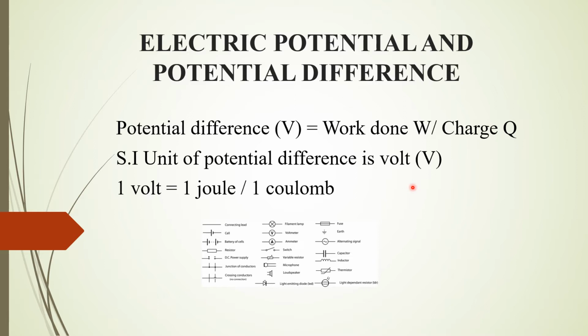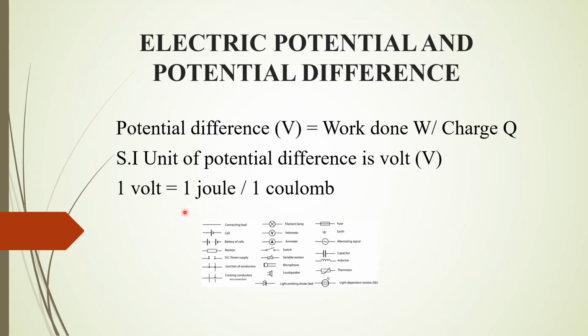Now let's learn the definition of 1 volt, because we know the formula now. 1 volt is the potential difference between 2 points in a current carrying conductor, because we need a current carrying conductor. Otherwise, if you are using an insulator, we can't expect a flow of charges.